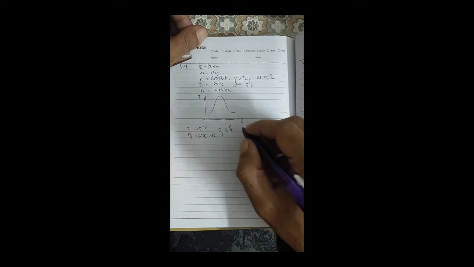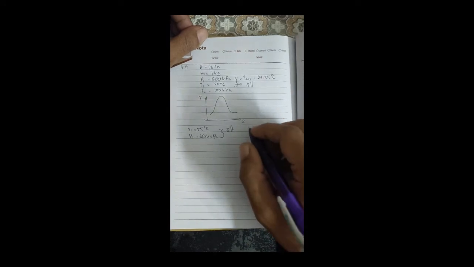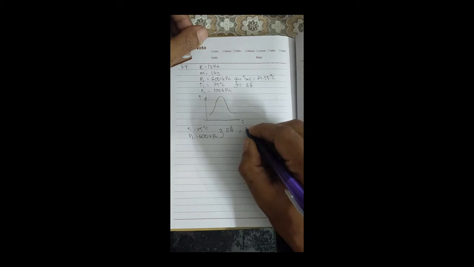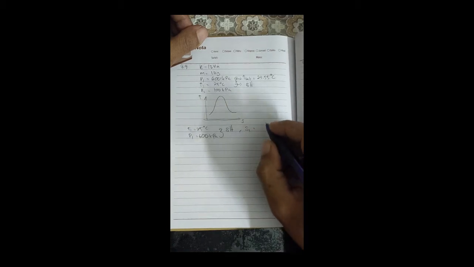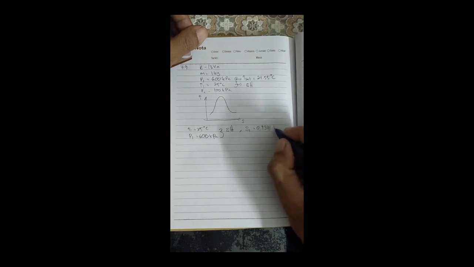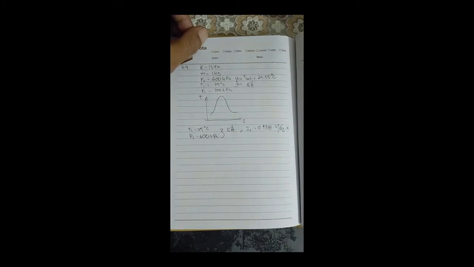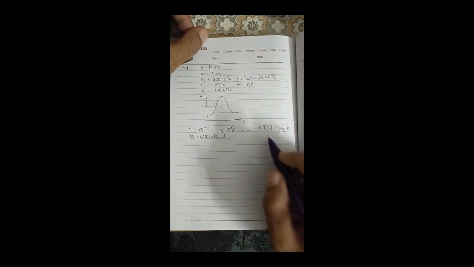From that we can know the entropy. S1 is 0.9341 kJ/kg·K. This is from the superheated table.